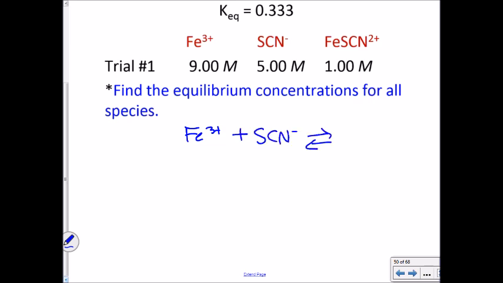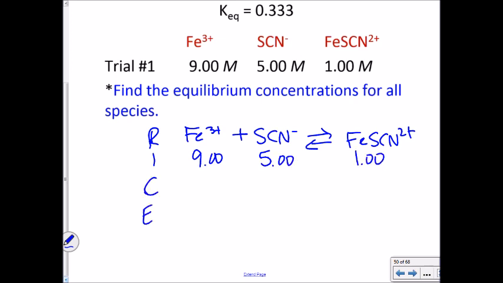But familiarizing ourselves with the way the chart is set up, sometimes it's easier if we just use the same reaction over and over again. So here's our I, our initial concentrations, 9, 5, and 1. Once again, we're losing 1 mole of our iron and 1 mole of our thiocyanate to make 1 mole of our complex ion over there.